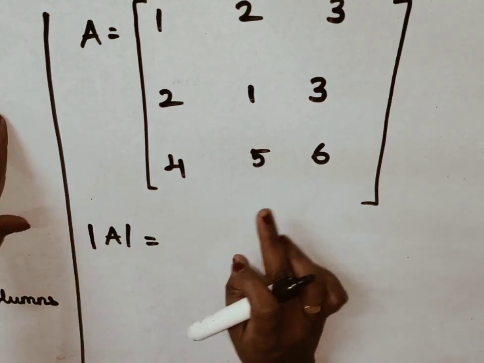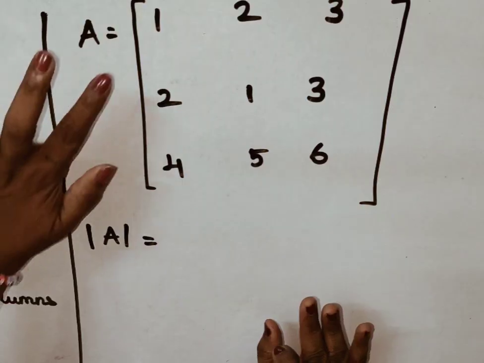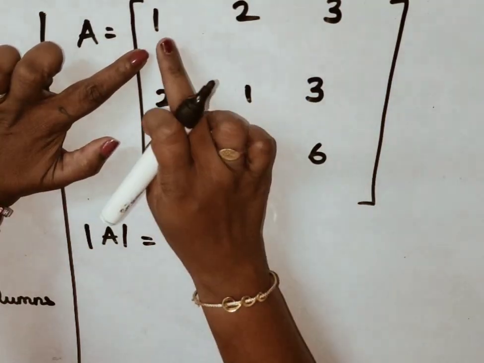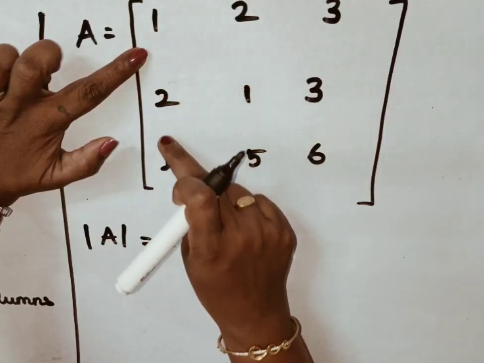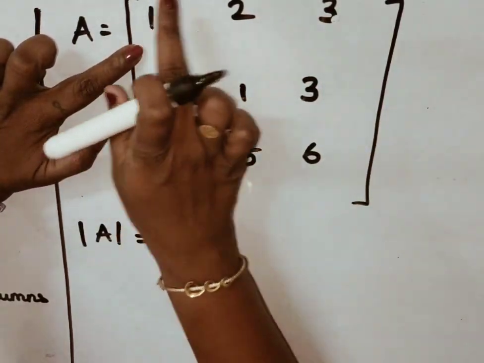We can go either row wise or column wise; it is our wish. I will follow row wise. If I consider this first element, I have to eliminate the column and the row which are touching this one. So this will be eliminated.